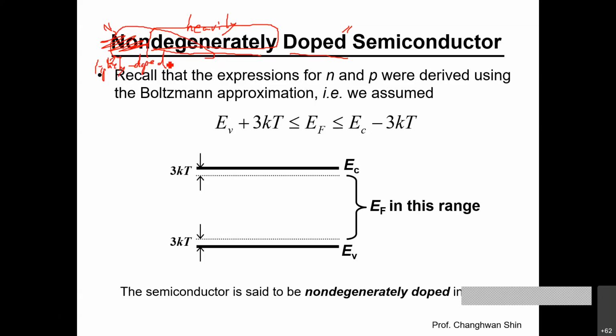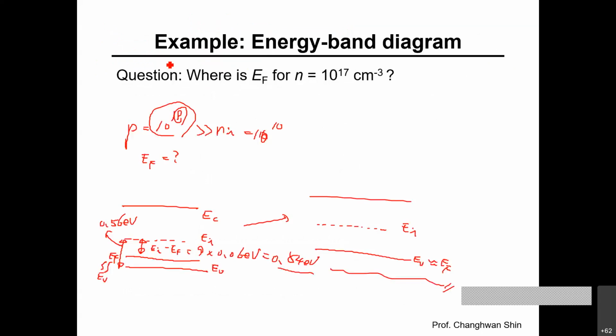Depending on the doping concentration, we can precisely estimate the position of the Fermi energy level in the band diagram. That we have just done, right? From this sample question, we can estimate the Fermi energy level position once we know the doping concentration, or vice versa. Once you know where the Fermi energy level is, you can estimate the doping concentration as well.